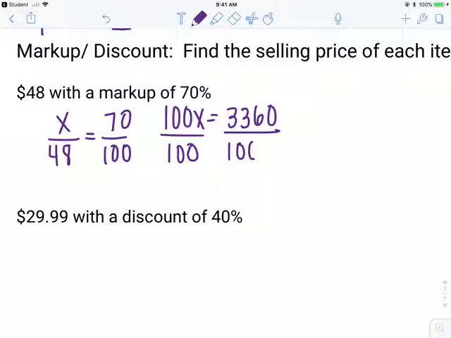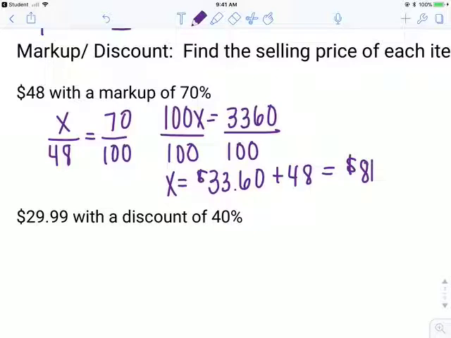Still dividing. The nice part about all of these is you're dividing by 100 every single time. 3360 over 100 is the markup on 48. You're going to add that to the 48 to find the total selling price. Always make sure you're answering the question, and the total selling price is $81.60.